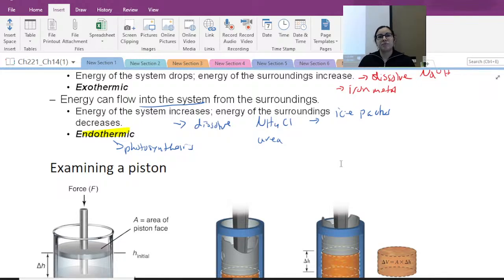Isn't placing something in liquid nitrogen an endothermic reaction? Well, if you're just placing it, then you're cooling it down. So no, it wouldn't be a reaction, like an ice cube melting isn't really a reaction. It's a state change, but it would still be either exothermic or endothermic.